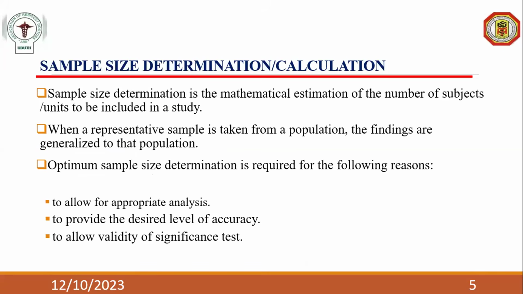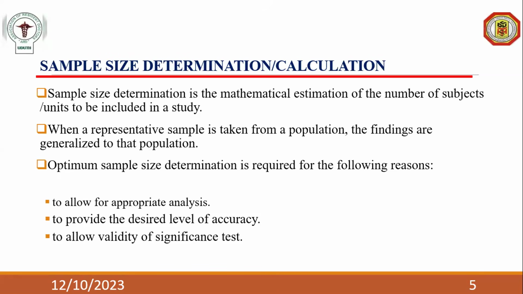So now, sample size determination is the mathematical estimation of the number of subjects or units to be included in a study. So we have said we calculate the sample size because of what? Because we want to select the representative of our population.